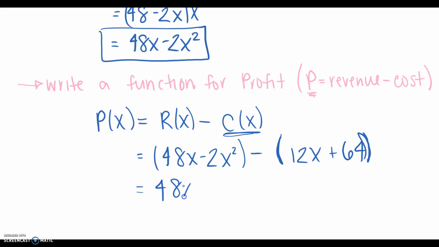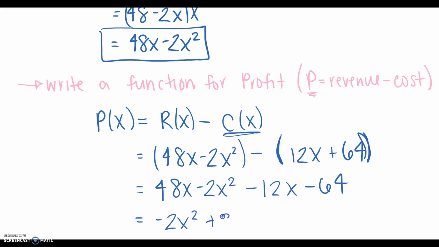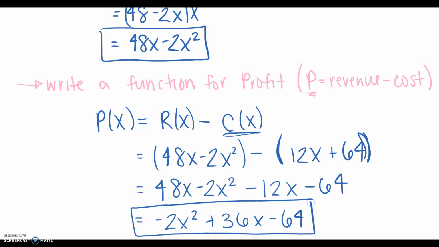So we have 48x minus 2x squared minus 12x minus 64. And then combine your like terms. We get negative 2x squared plus 36x minus 64. And so that is how we can figure out her profit.